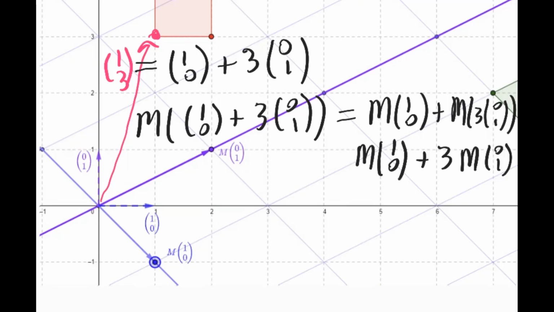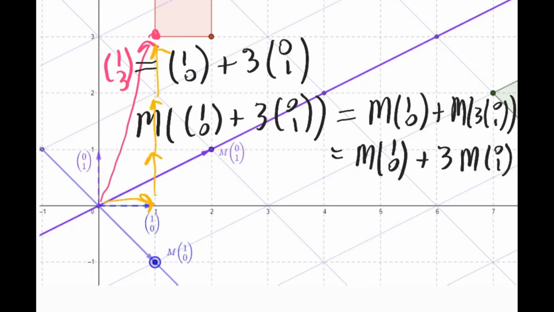Let's think about what this means geometrically, because I think you'll find that this makes a lot of sense. If we want to find out where this gets sent, we see how it is built: out of one of these vectors and 3 of these vectors.